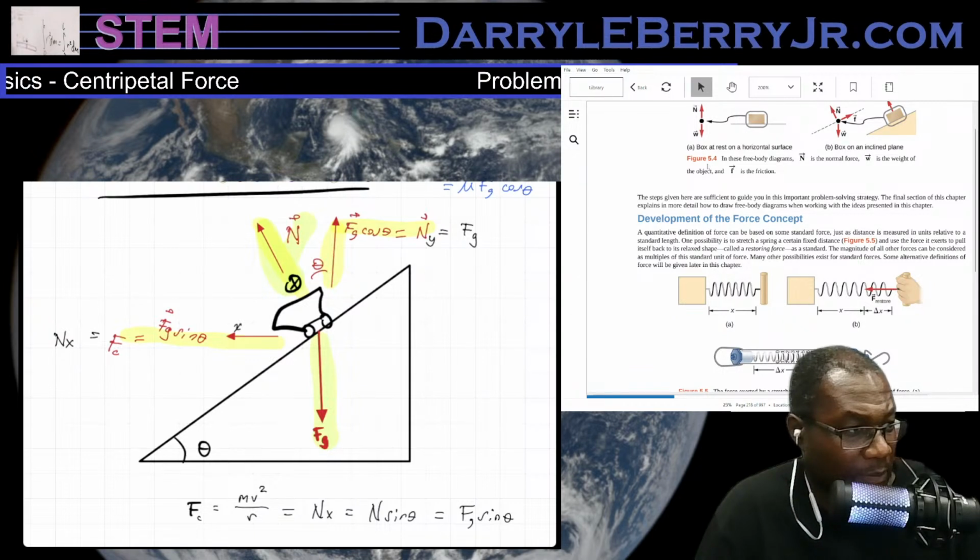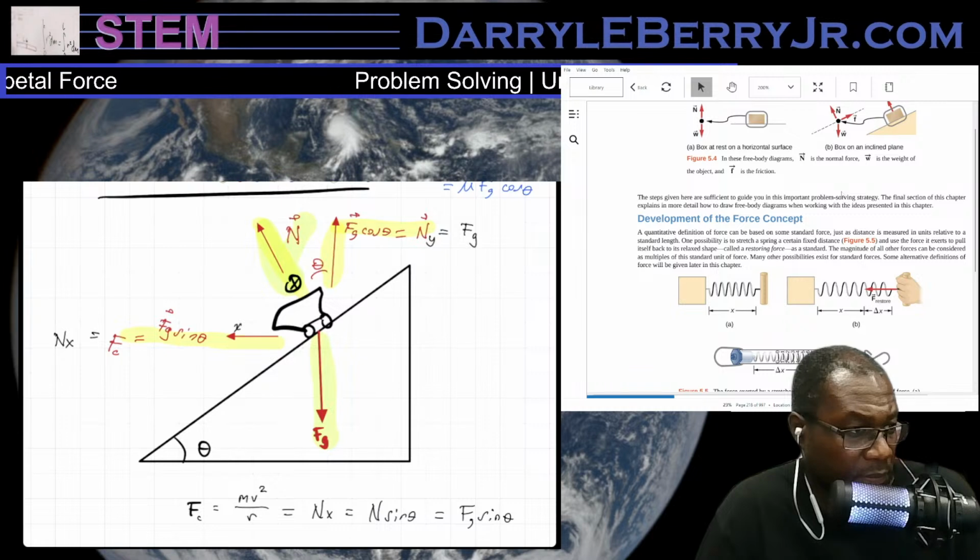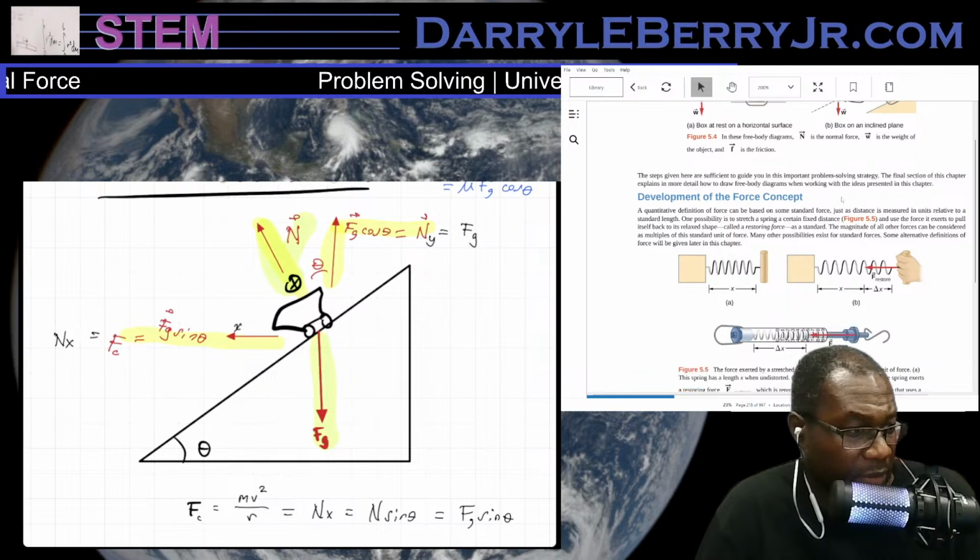Normal force here, a box at rest on a horizontal frictionless surface, the normal is mg. Clearly here the normal is different. Or is it just that the normal is bigger?